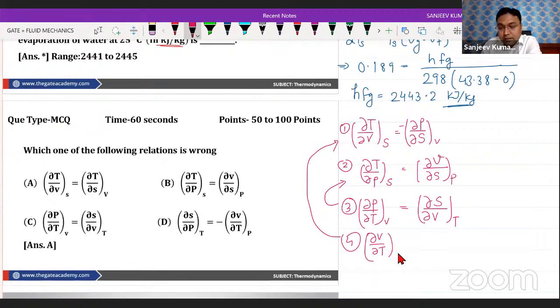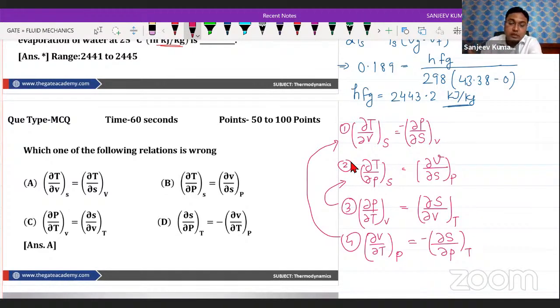And definitely S will come. Pressure will come because pressure, temperature, volume. Now put P inside, T outside. What is missing? Entropy is missing. TV is there, yes, so minus sign. That's all, complete.